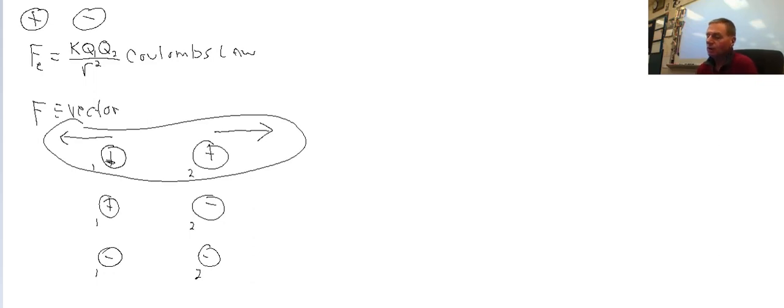And so charge number 1 is going to want to go in this direction. So what's the direction of the force on charge number 1? It's going to be to the right. Charge number 2, on the other hand, is going to want to go to the left because it's going to be attracted to the positive charge to the left of it. Okay, and so that would be the situation for case number 2.